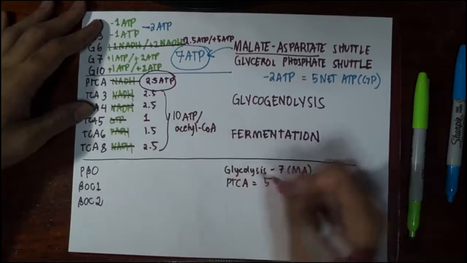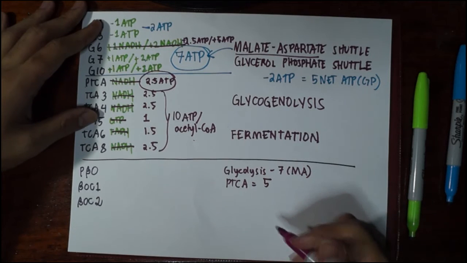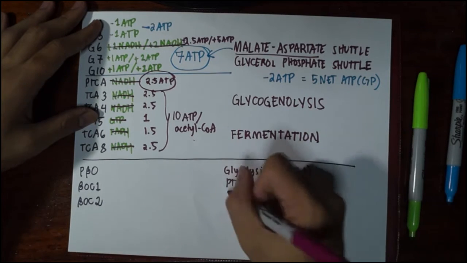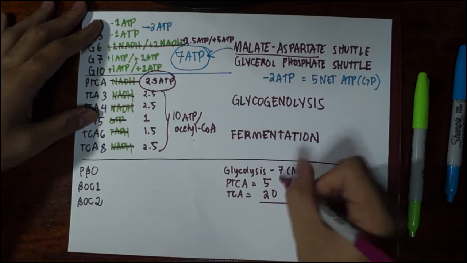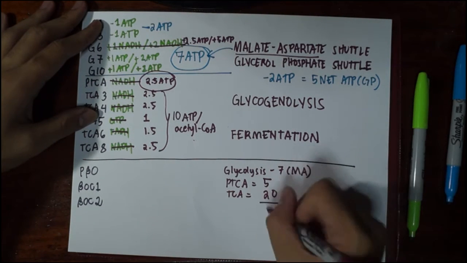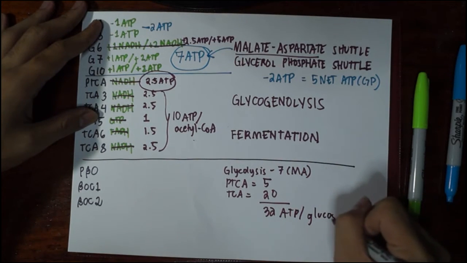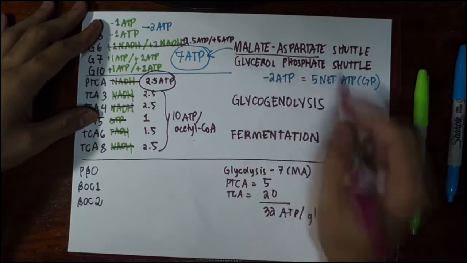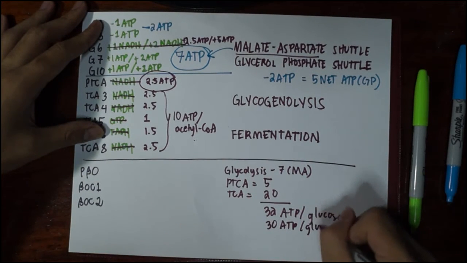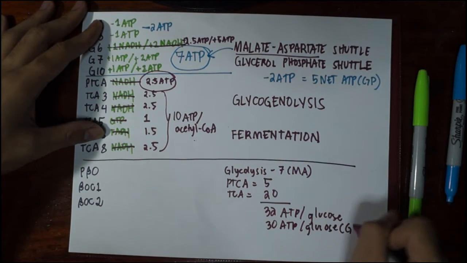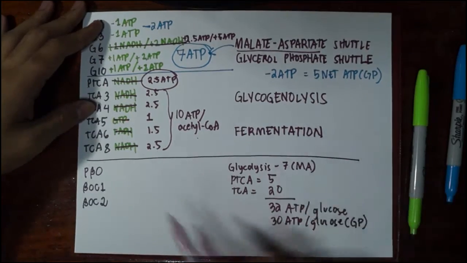And here we have TCA, 10 per acetyl-CoA. Again, we have 2 molecules of acetyl-CoA for each molecule of glucose. So that's 10 times 2 equals 20. So 7 plus 5 is equal to 12 plus 20 equals 32 ATP per glucose. If you use the glycerol phosphate shuttle, then that's 30 ATP per glucose. Alright, calculation is that simple.